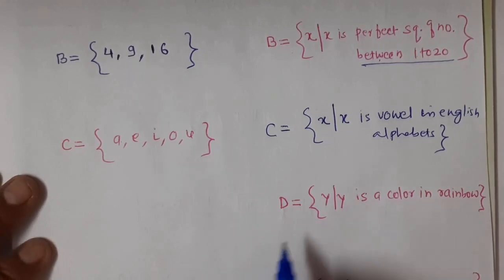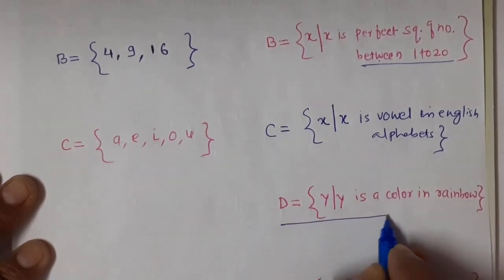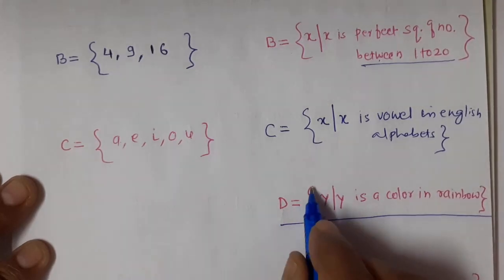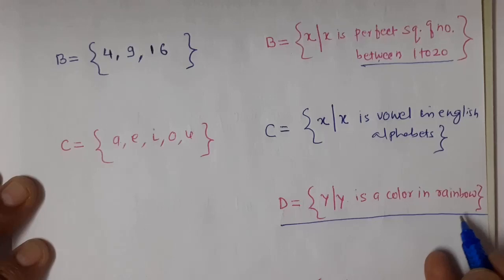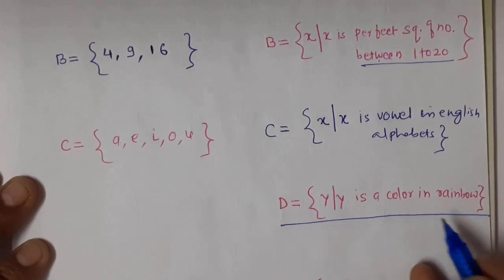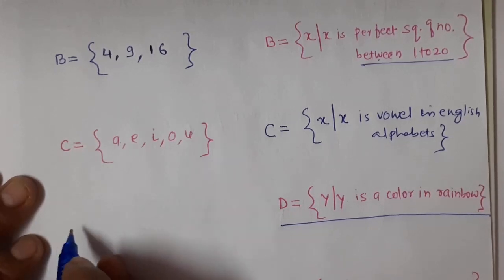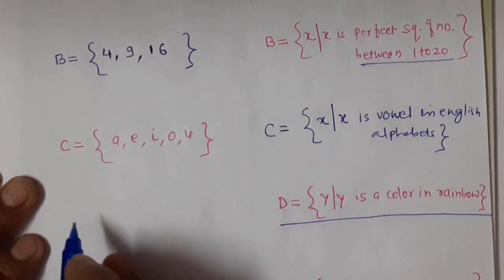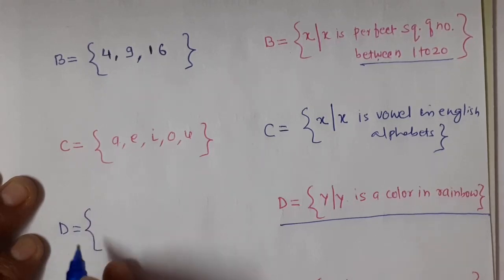Now here in the rule method it is given that D is a set of y such that y is a color in a rainbow. So what are the colors in the rainbow? You know that. How can we form this in the listing method?